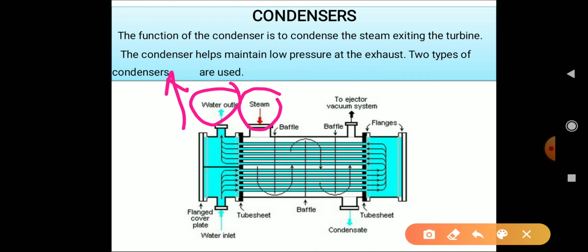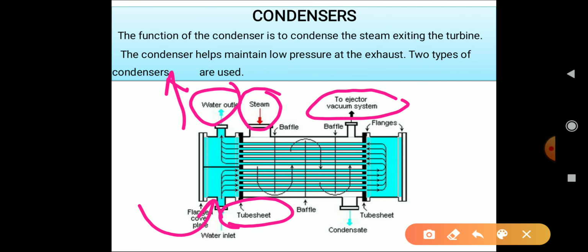The red one is shown for the steam. Water is inlet. These are different tube sheets. This goes to the ejector vacuum system.